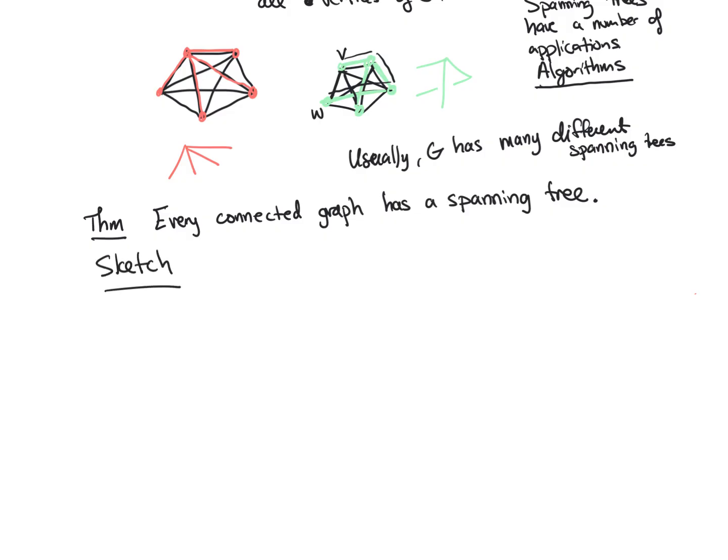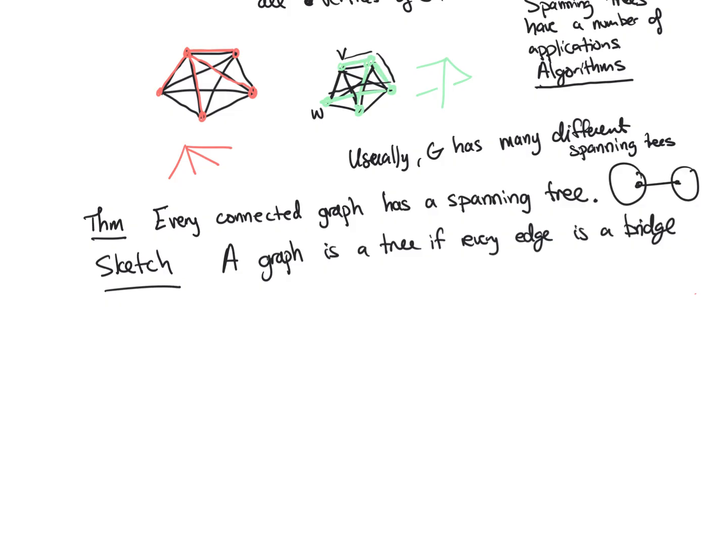Okay, so we've shown that a graph is a tree if every edge is a bridge. So in the sense that if you take this edge and remove it, it disconnects the graph.